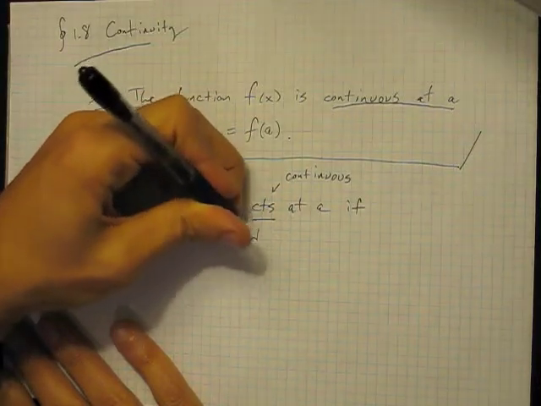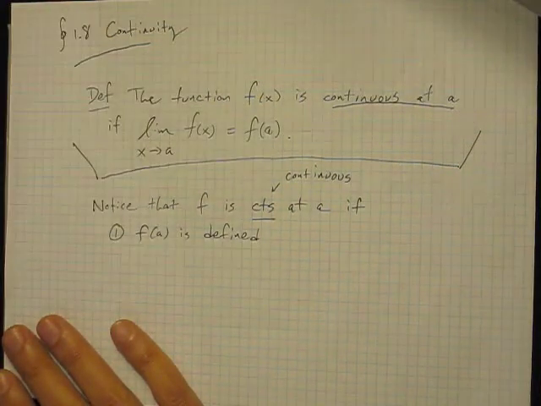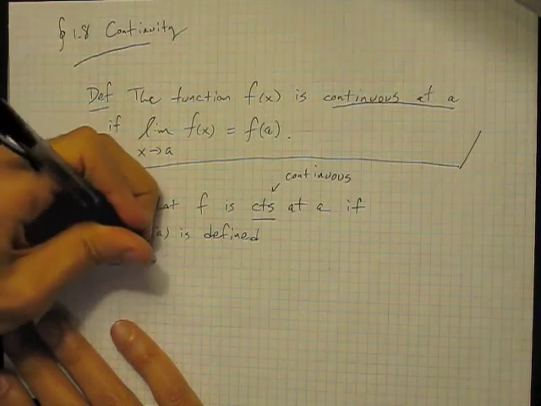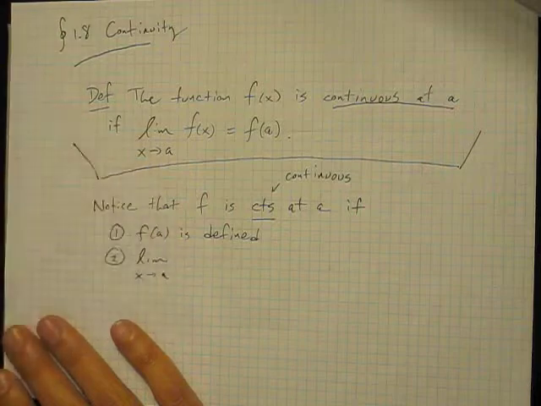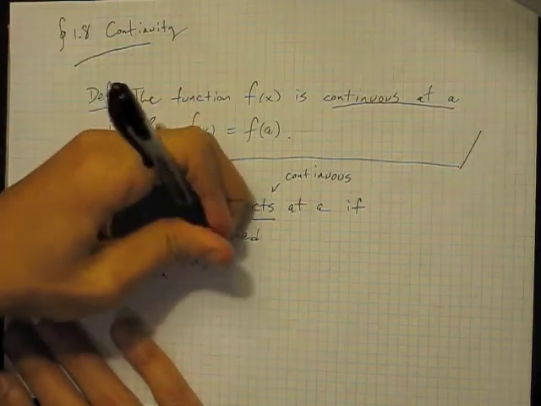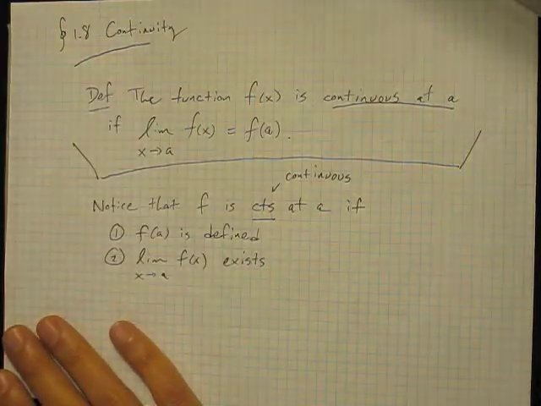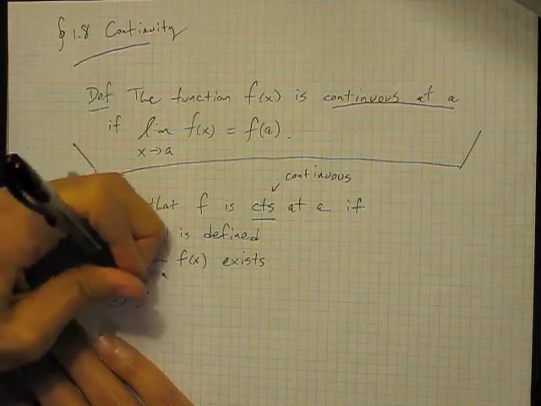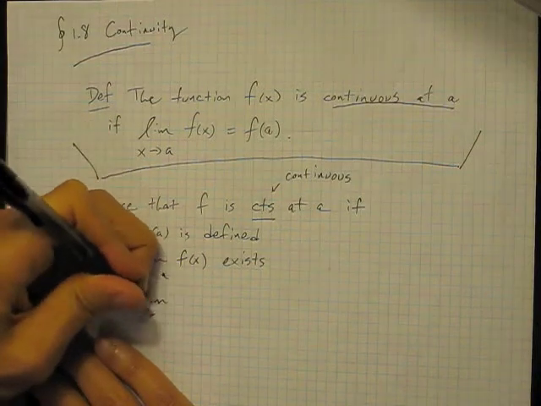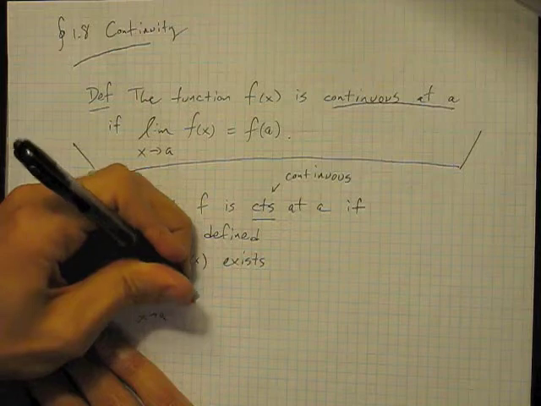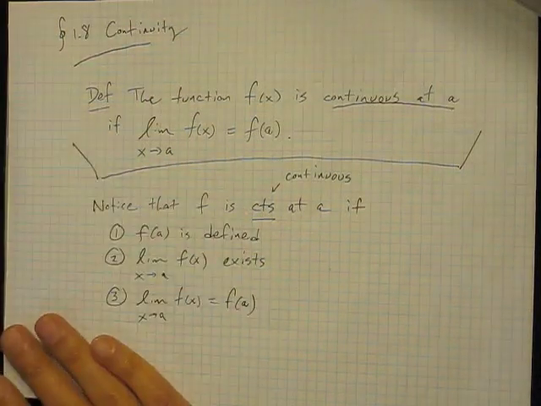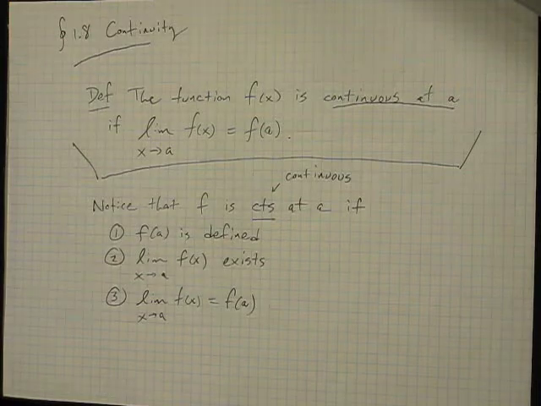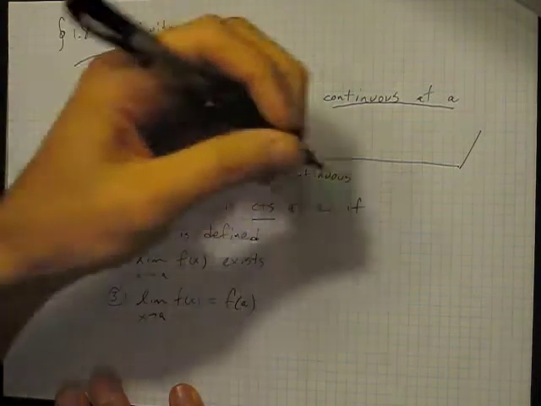It has to be, right? Because in the definition we're saying f of a, so f of a must be defined. Two, we need that the limit as x goes to a of f of x exists. That's saying that this limit equals something. And then three, not only does it exist, but it equals f of a. So these are the three conditions that are necessary for a function to be continuous at the value of a.